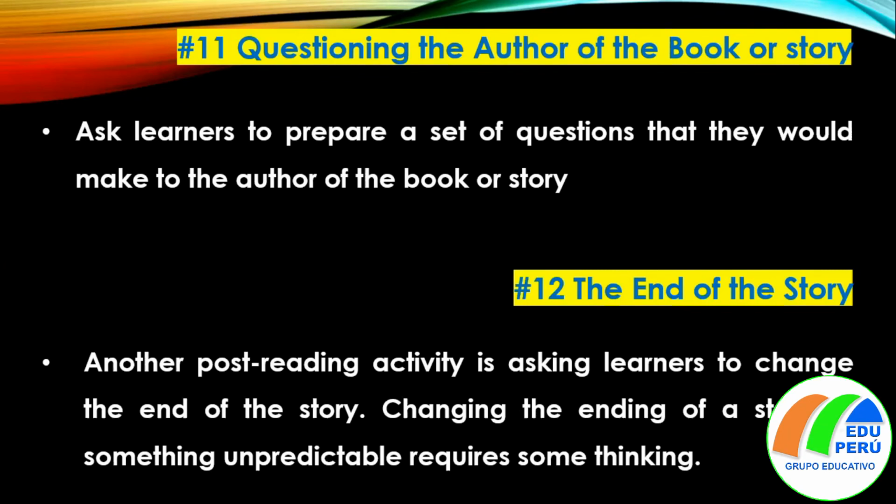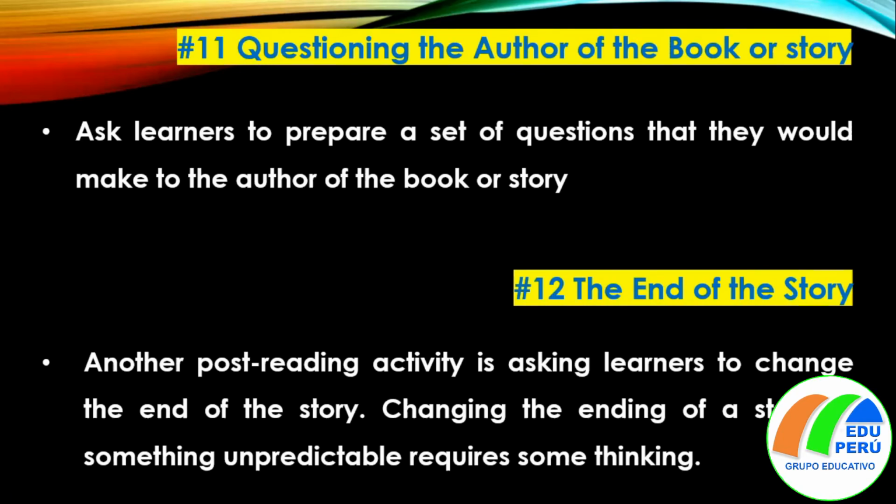Now they are changing. Imagine that this character didn't go to the theater. That's why he couldn't realize that he wanted to be an actor. And notice they start changing. Here it says related to a story, but you could use it with other types of texts, I think with biographies, or maybe when they read some conversations.